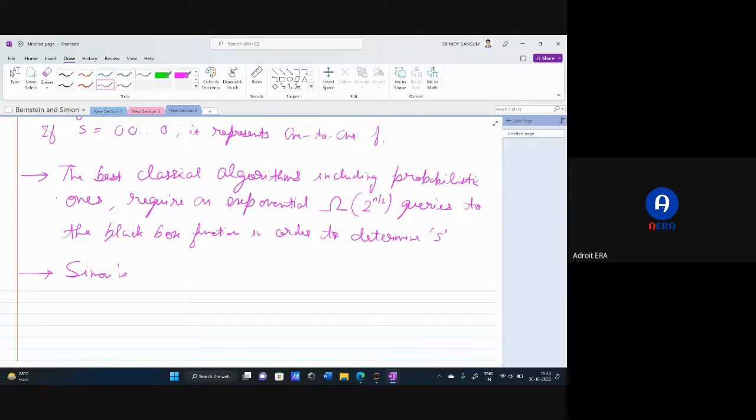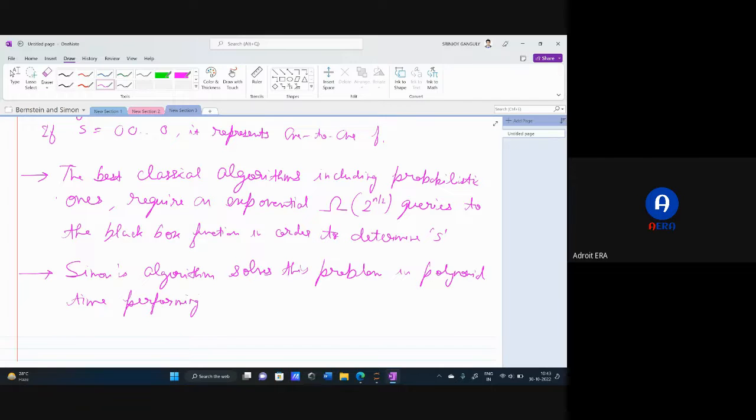And Simon's algorithm solves this problem in polynomial time rather than in exponential time, performing an optimal O n queries.